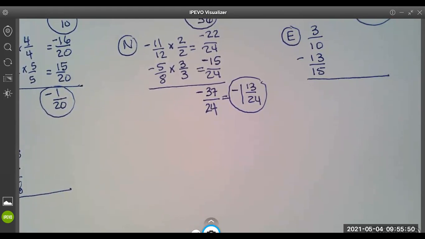Can we do that? 10 times something makes 15? No. So we're going to take 15. 15 times 2. Always look at the big one. 15 times 2 is how much? Can 10 go into that?